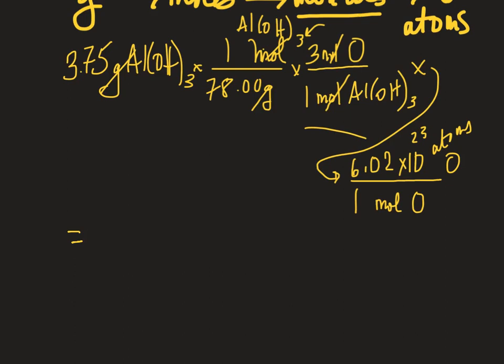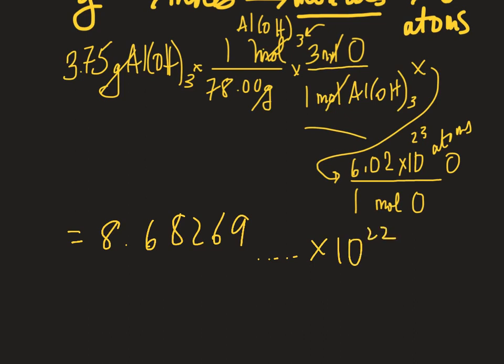I take the number 3.75, divide it by 78, because 78 is a denominator, times 3 times 6.02 times 10 to the 23rd atoms, and I get this long number on my calculator, 8.68269, and it keeps on going, times 10 to the 22nd.